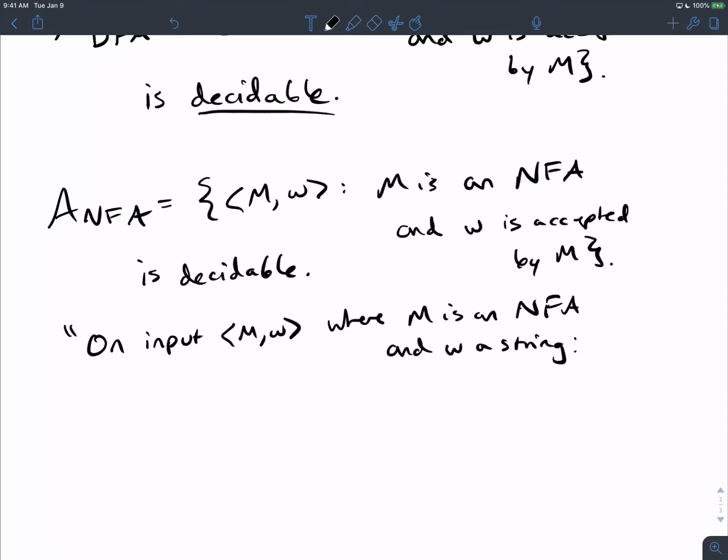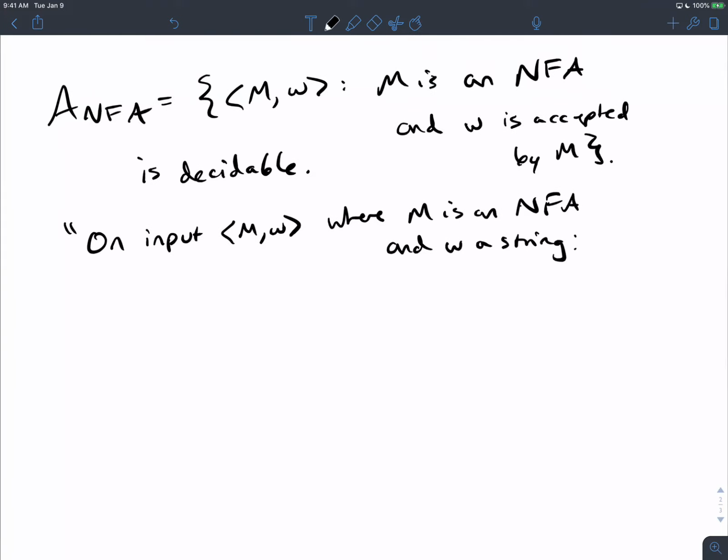It says that W is accepted by M, but in the "on input" statement, all I say is that W is a string. Why don't I put that W is accepted by M? Yeah, that's the problem we're trying to solve anyway. So we don't know yet that W is accepted by this machine M, but we'll determine that here.